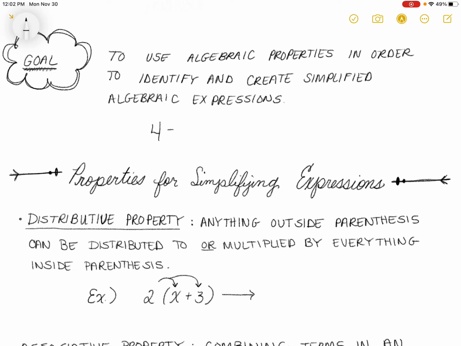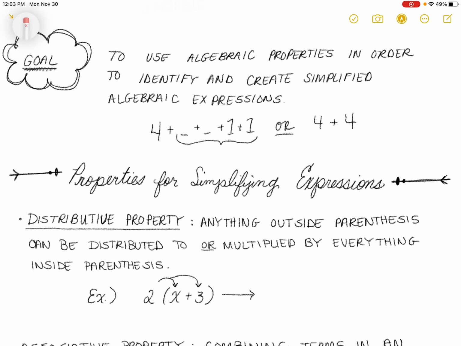At one point in time, you may have seen a problem like 4 plus 1 plus 1 plus 1 plus 1. Now we know that 4 plus 1 plus 1 plus 1 plus 1 is the same as 4 plus 4. Now 4 plus 4 looks a lot less complicated than 4 plus 1 plus 1 plus 1 plus 1.